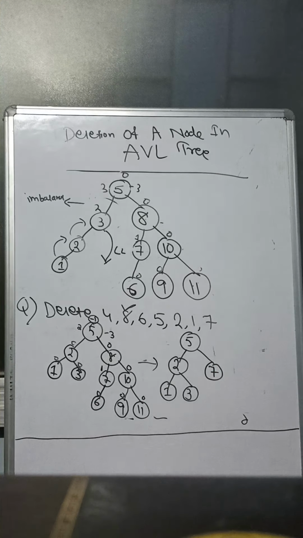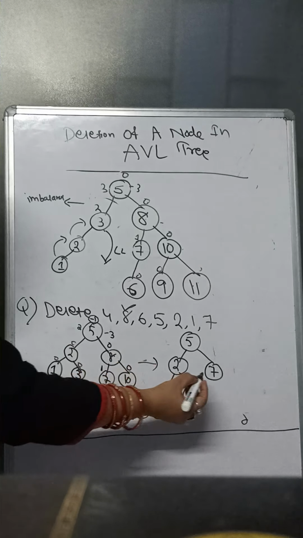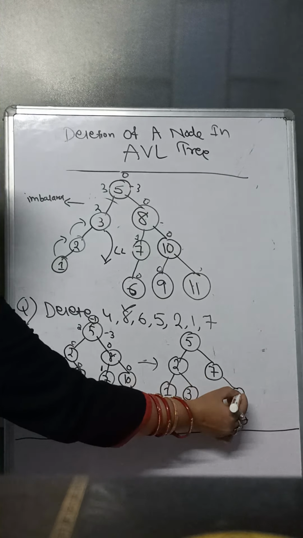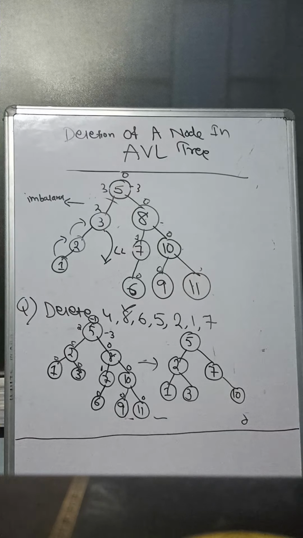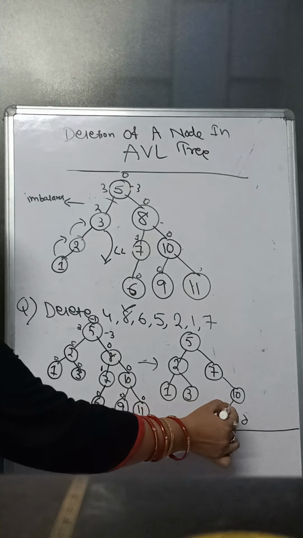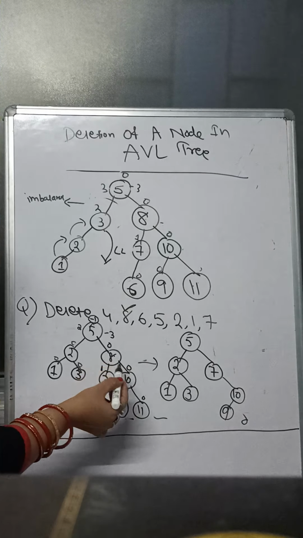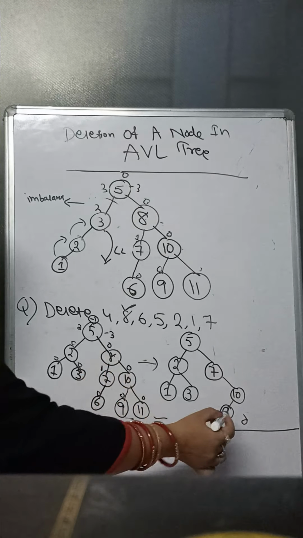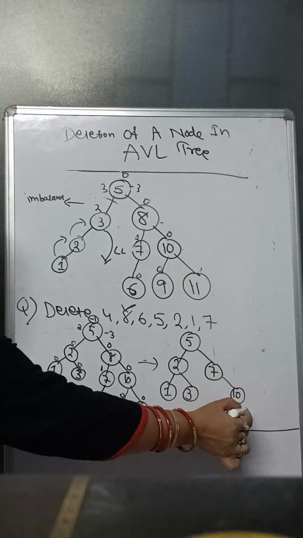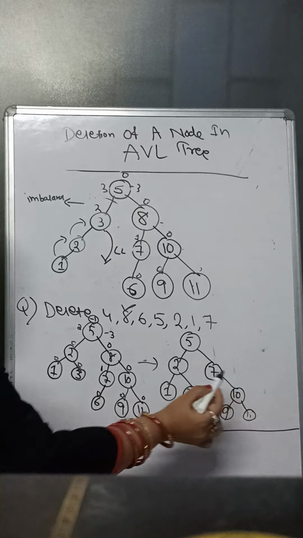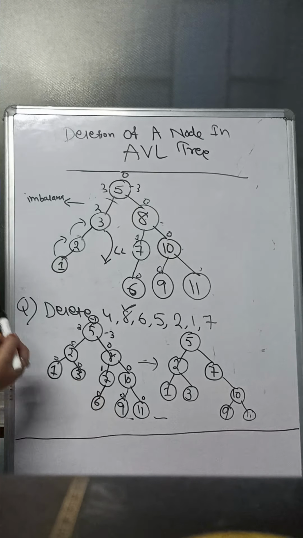Again, if 7 will take 8th position, 10, yes, 10 is greater than 7, so it will be placed accordingly. And your 9 is also, these trees will be placed accordingly, because they are greater than 8, they are also greater than your 7. Okay, now the link of 6 will be cut.